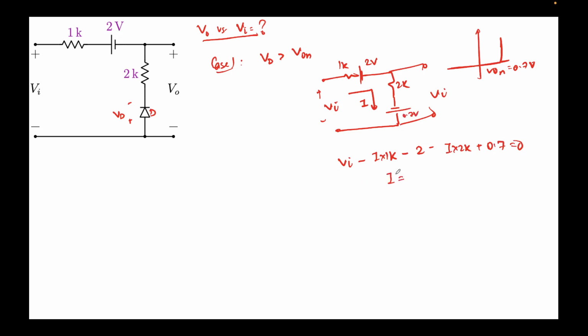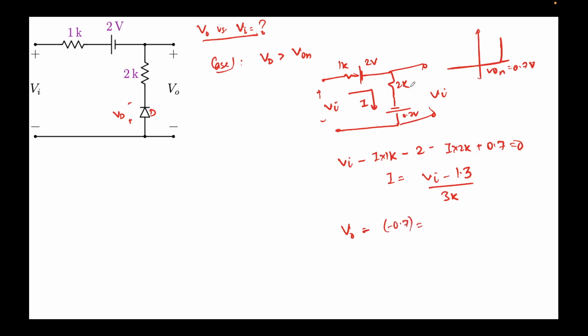If you rearrange the terms, I is VI minus 1.3 over 3K. Then if we try to find the voltage V out, it will be V out minus 0.7.